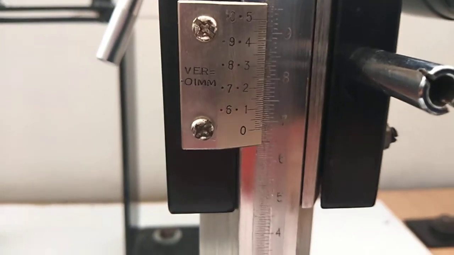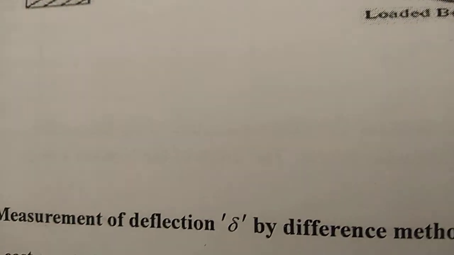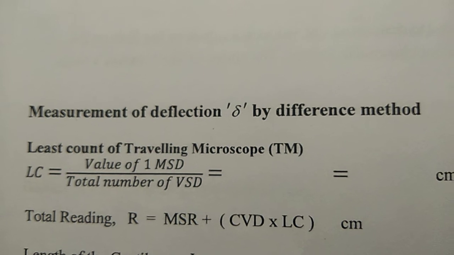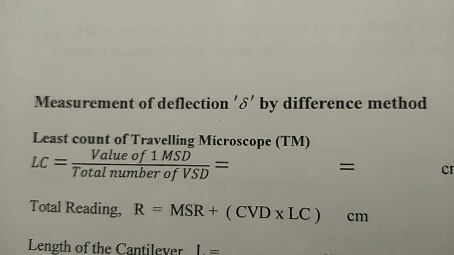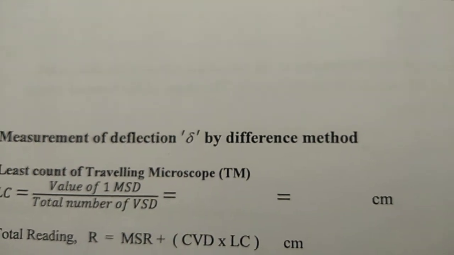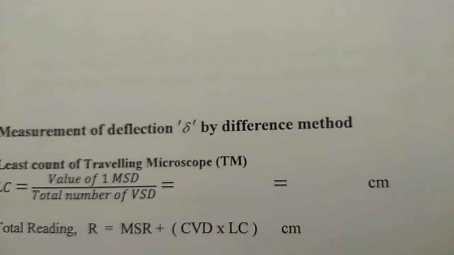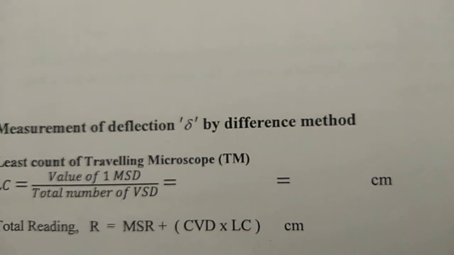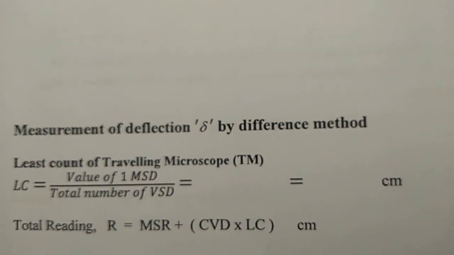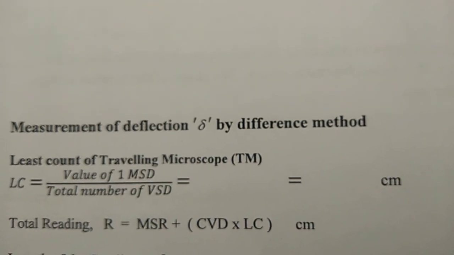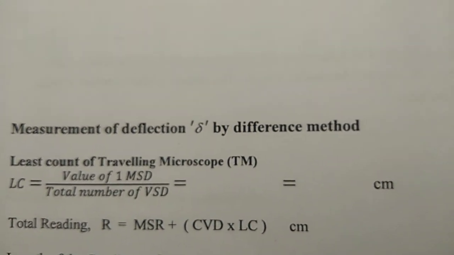By knowing these two values, one can calculate the least count of the traveling microscope using the formula value of 1 MSD divided by total number of VSD. That will come around 0.001 centimeter. And by taking the readings MSR and CVD and knowing LC, we can calculate the total reading, that is R equal to MSR plus CVD into LC, measured in centimeter.